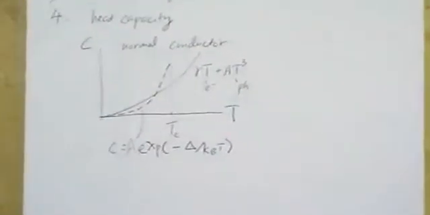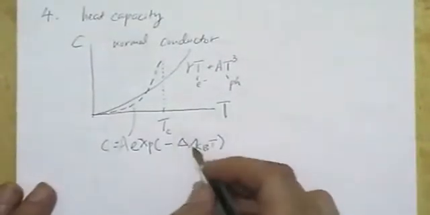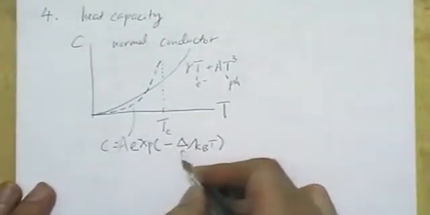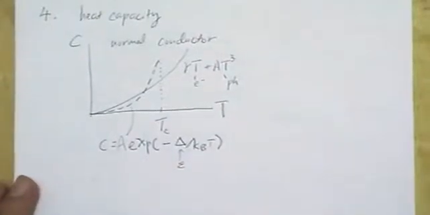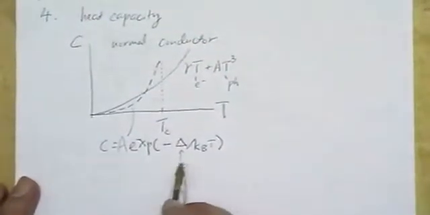Now if you look at this expression, it looks familiar. It looks just like the Boltzmann distribution, where the delta there takes the place of some energy E.